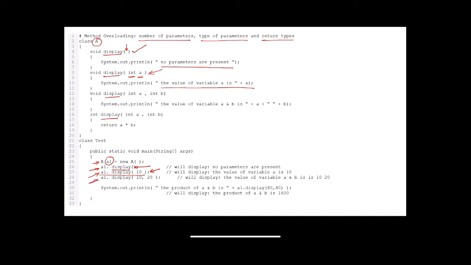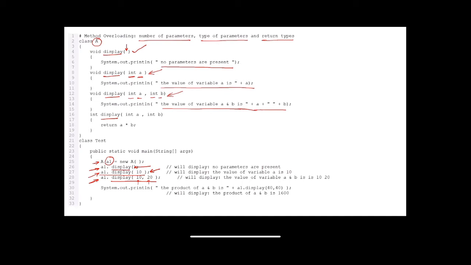Next, it will check that there are 2 variables, 10 and 20, both of integer data type. It will find the method having 2 variables, both of integer data type, so the result printed will be the value of variables a and b is 10, 20. Correct?